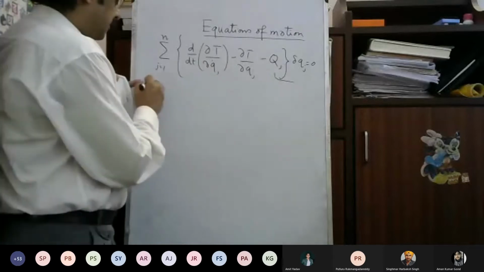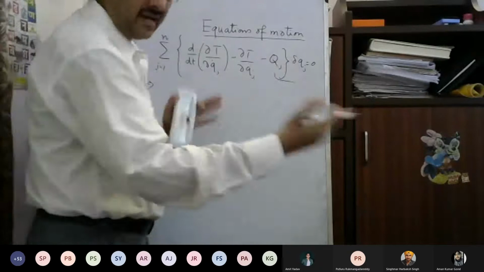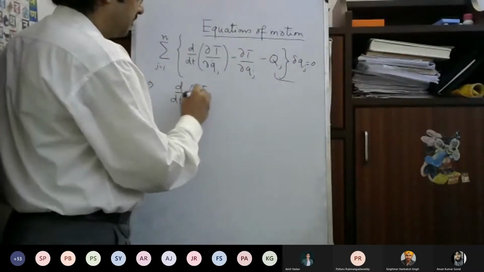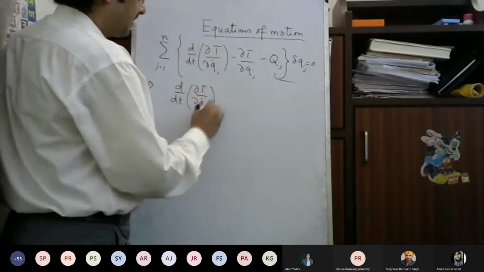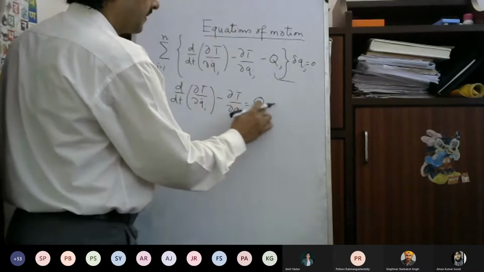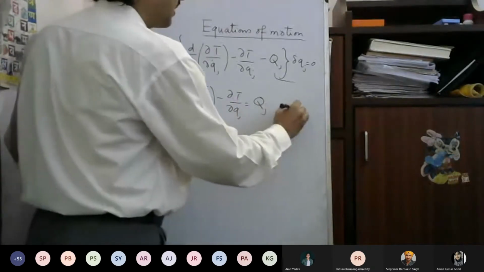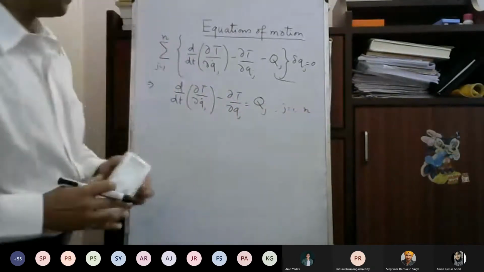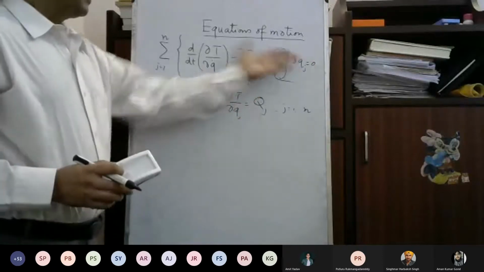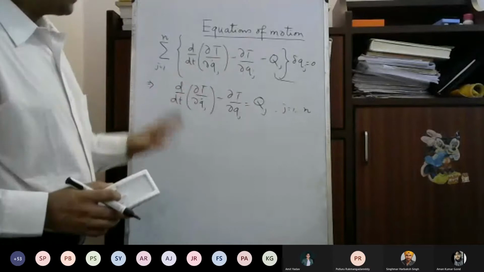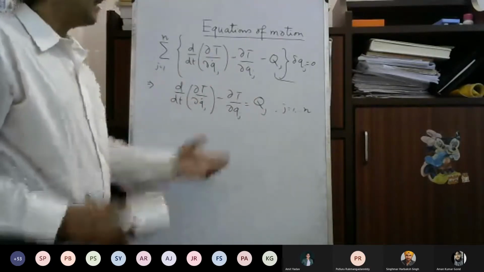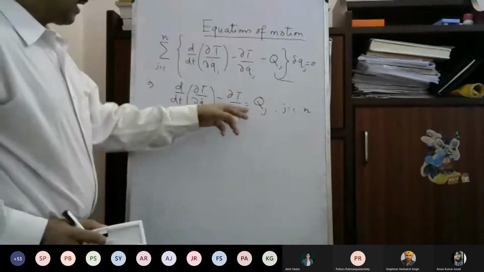So this can happen only if this condition is satisfied: d/dt of del T del q_j dot, minus del T del q_j, equals Q_j, for j equal to 1 to n. So these n conditions are to be satisfied, and then this will be automatically satisfied. And these equations, I told you, are Lagrange's equations because Lagrange first derived them, but later on there are some modifications I will tell.